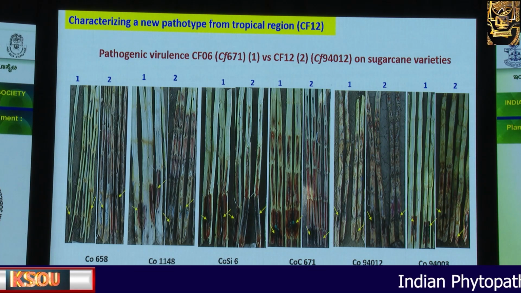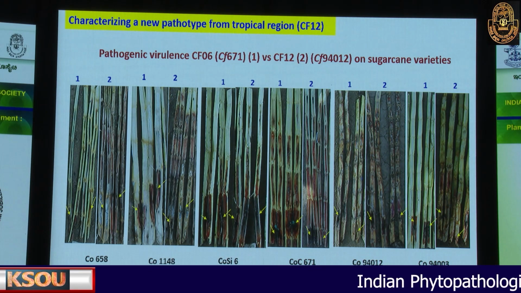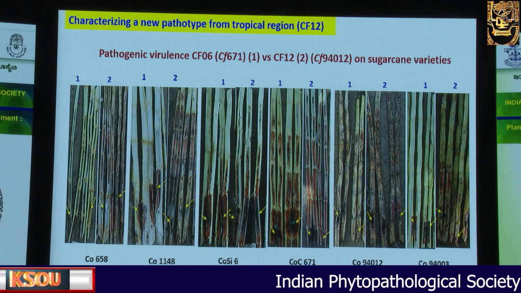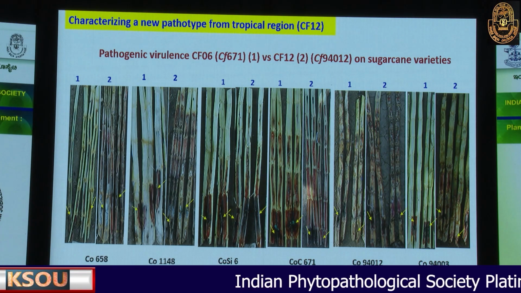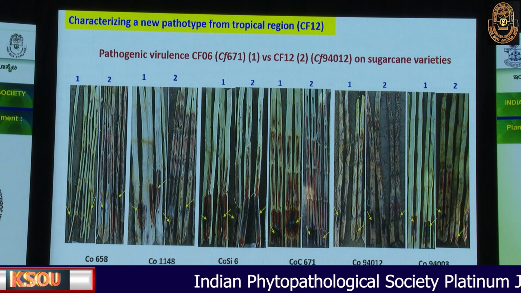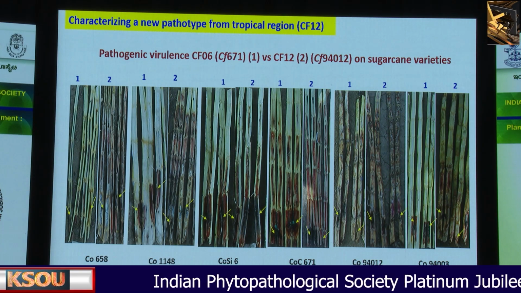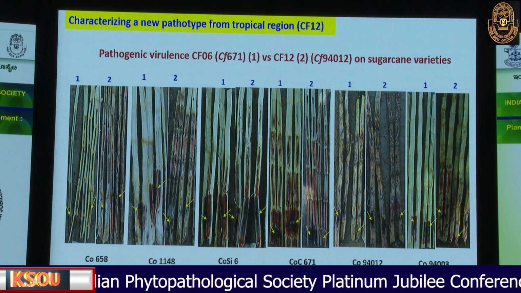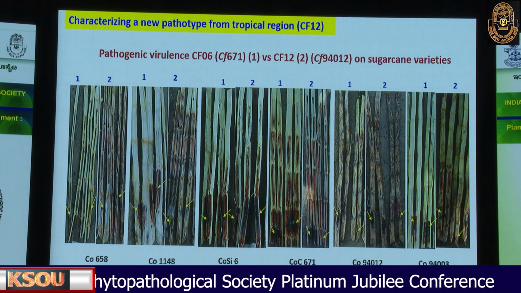Coming to another important aspect, identifying a new pathotype and how a pathotype emerges under field conditions. In this particular case we identified a new pathogenic race, which we designate CF12, that is Colletotrichum falcatum 12.